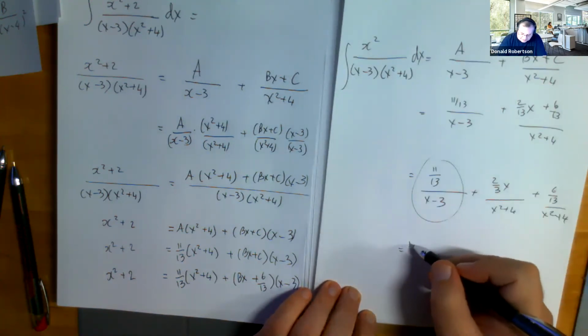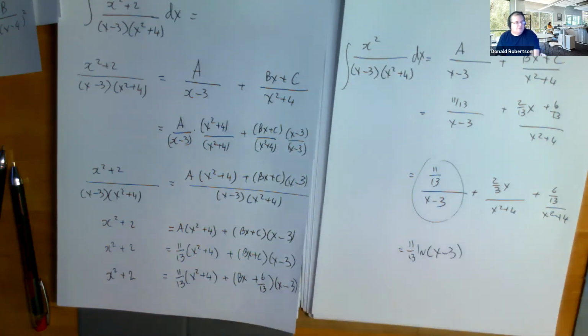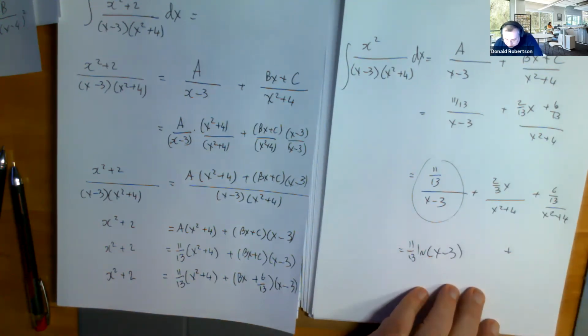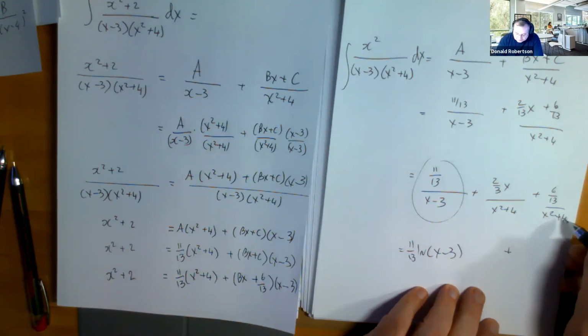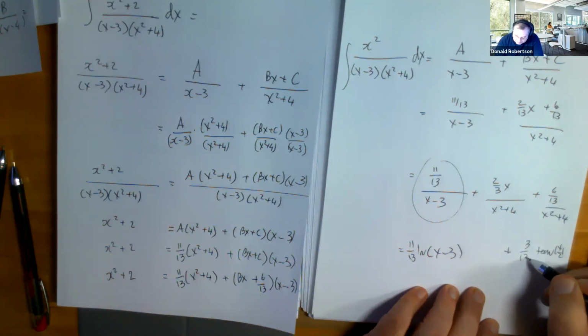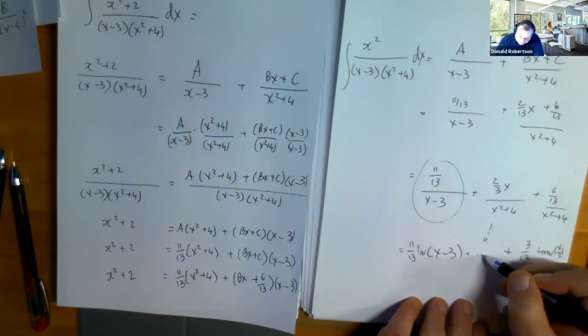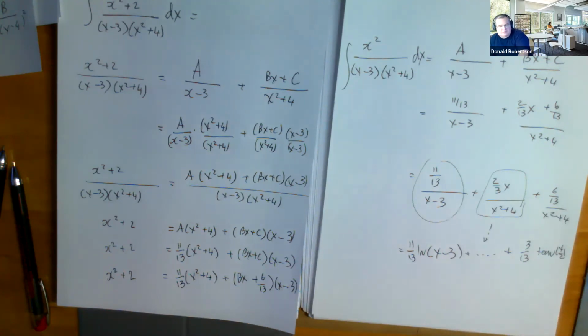Won't that guy just be a log? Won't that guy at the end? Okay, not the nicest thing in the world here, but isn't that a half inverse tan of x over 2? And a half with that is where that comes from. And then I've got this awkward guy in the middle. How will I find the integral of that guy?